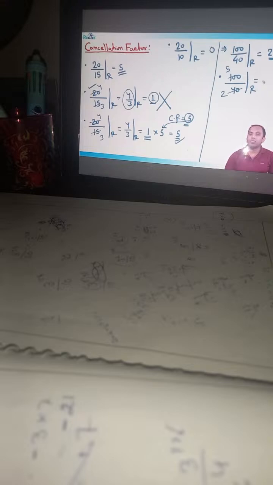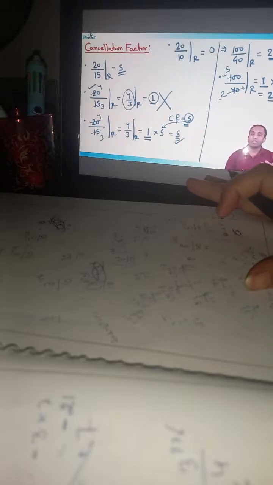Now 5 by 2, what is the remainder? It is 1, since 2 2 ja 4, remainder is 1. Just multiply that final answer with the cancellation factor. So 1 into 20 becomes 20. Very important concept of cancellation factor here.